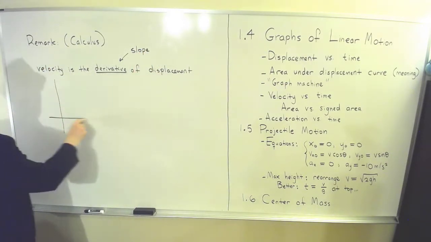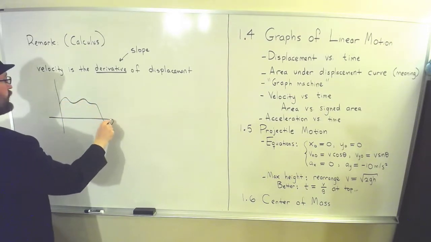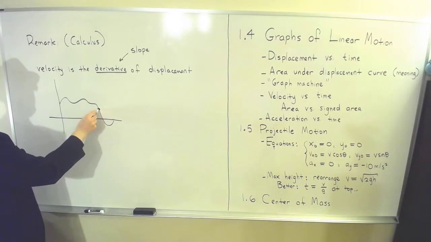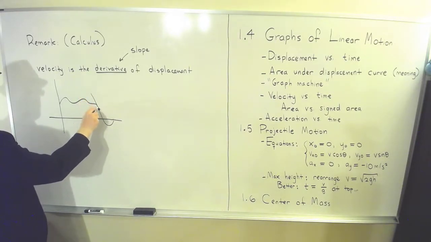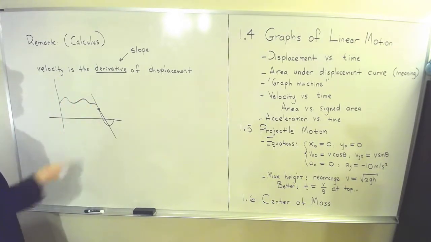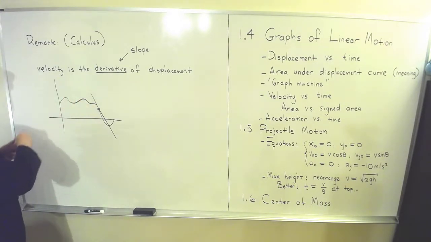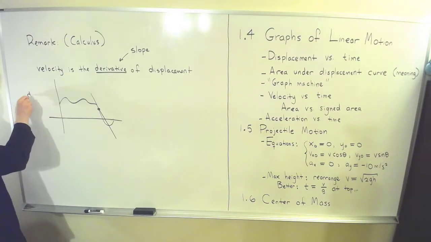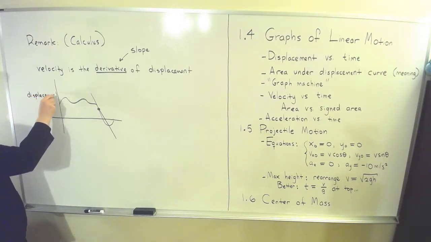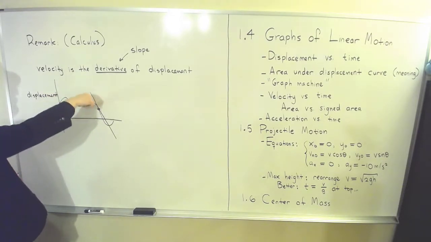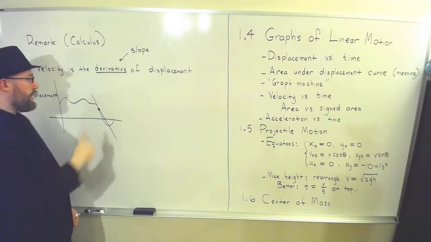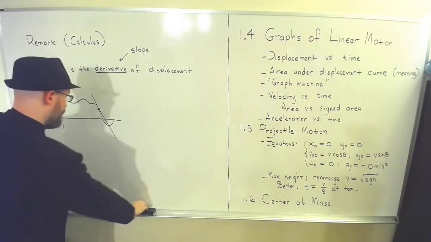If I have this displacement curve like I do this one before, at any particular point, say here, I have the slope, how steep it is. Here, if this is displacement, well then here the displacement is decreasing quickly, and so that means that you have a velocity that's a large value in the negative direction.